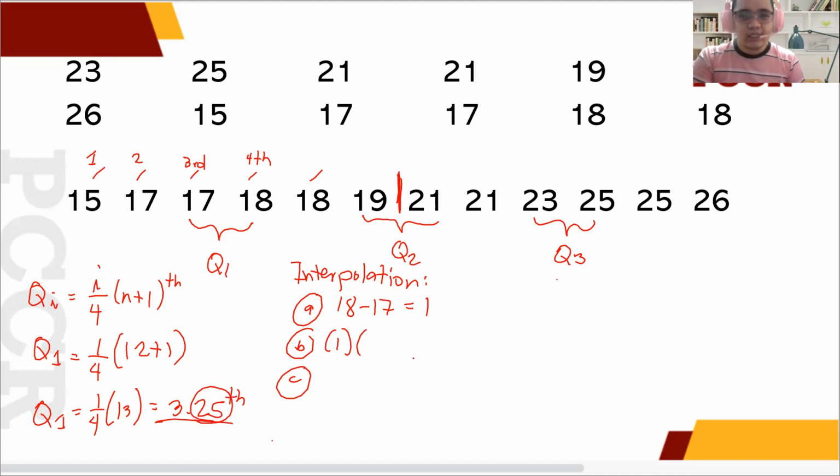Bakit yung butal lang? Kasi alam na natin na yung third ay 17. Hinahanap lang natin yung 0.25, ano yung madadagdag doon sa 17. So you multiply it by 0.25, so we get 0.25. Then the last step is, alam natin na yung 17 ay yung third, so add mo na lang to. Yun yung madadagdag.